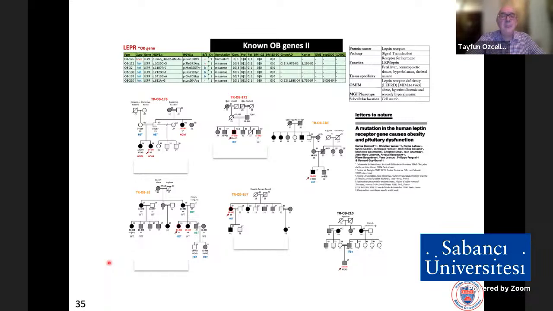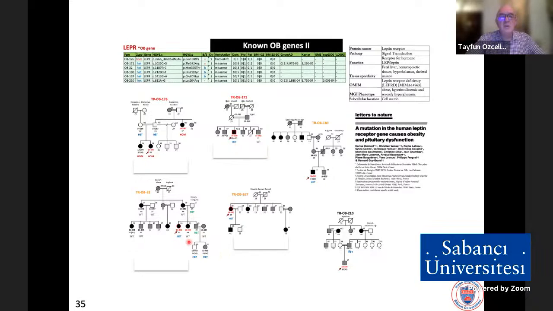Leptin receptor is another gene that we concentrated on, and we identified these families with their mutations. Here, "homo" means that these are homozygotes, and these are heterozygote individuals.